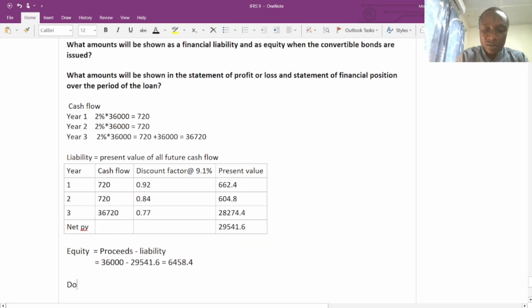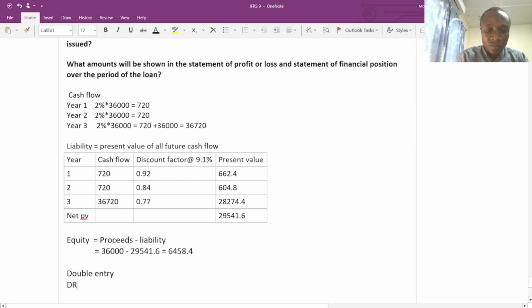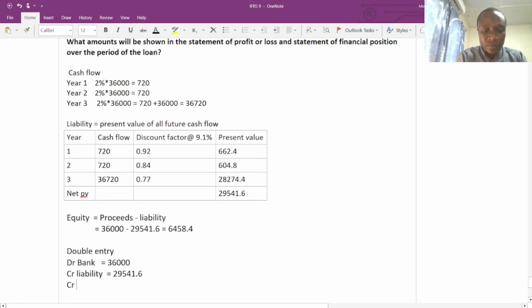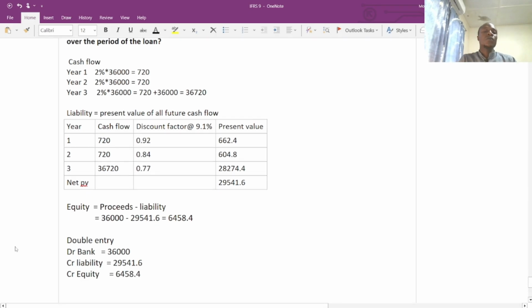So the double entry: we are going to debit bank by 36,000, we are going to credit liability by 29,541.6, and we are going to credit equity 6,458.4.